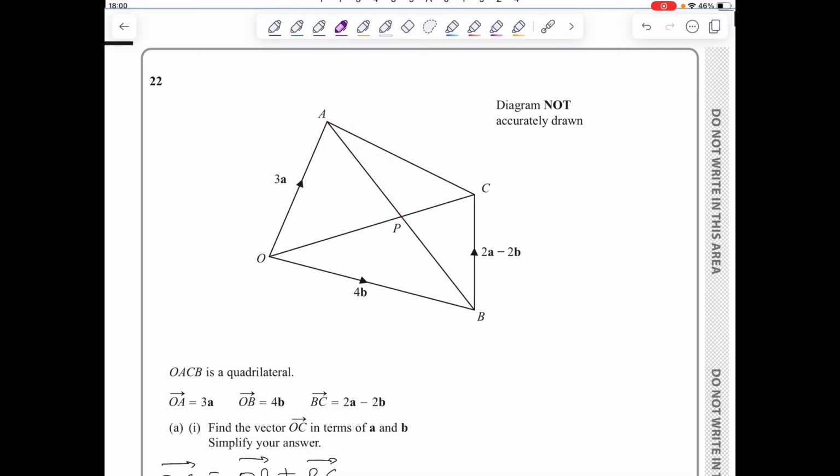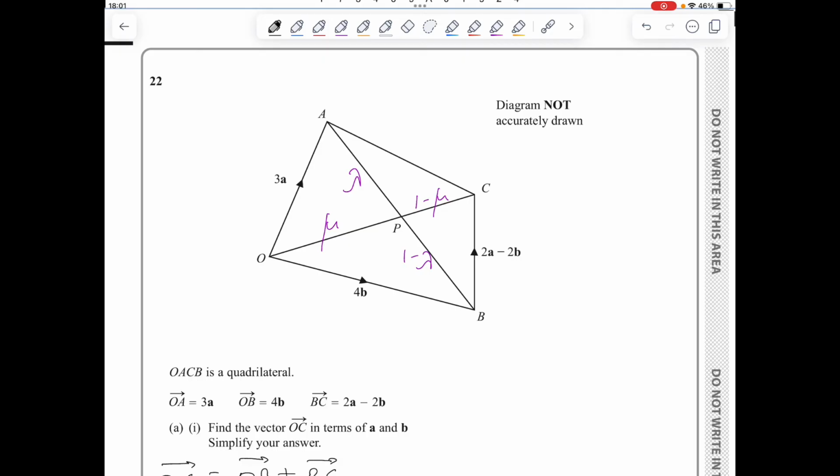I'm going to call it lambda or any other letter you want. Therefore, PB is the remaining, that's 1 minus lambda. Similarly, I don't know the fraction of OP relative to OC. I'm going to call this mu, a different letter, any letter you want, and 1 minus mu is PC.